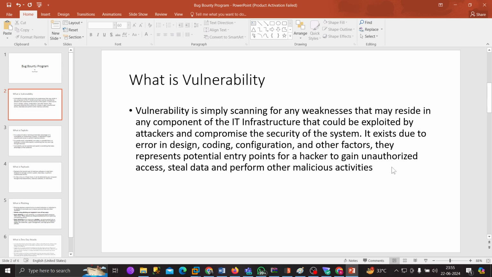It exists due to flaws either in design, coding, configurations, or other factors, that represent potential entry points for hackers. That may lead to unauthorized access to data, stealing data, and injecting malicious code in the database, right? So this simply means vulnerability.